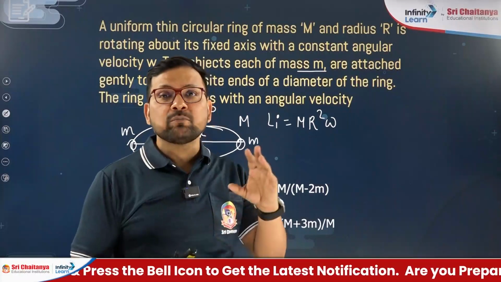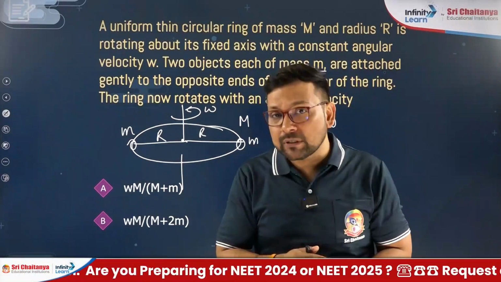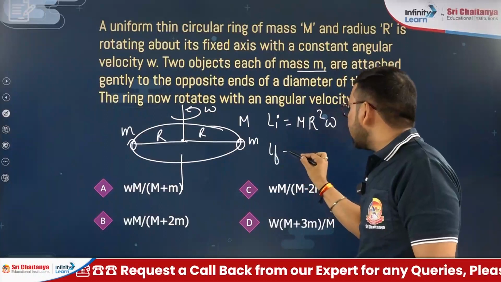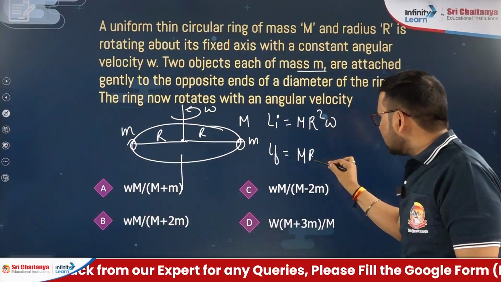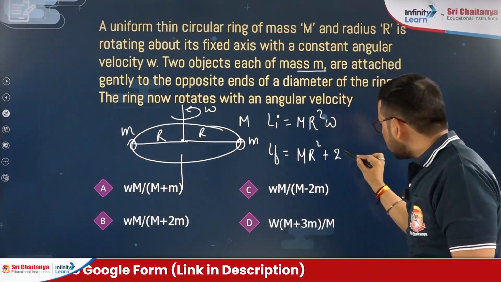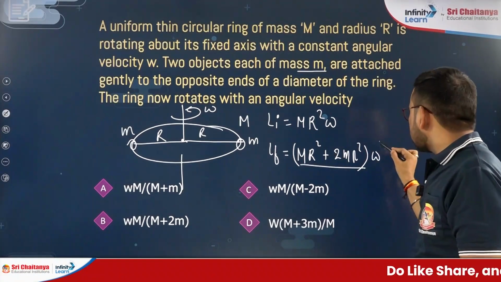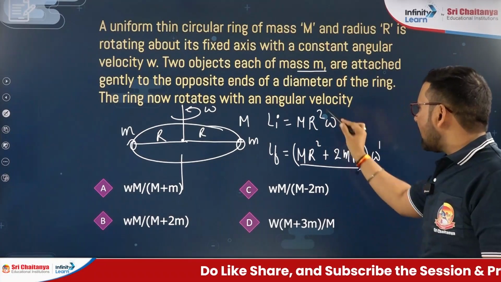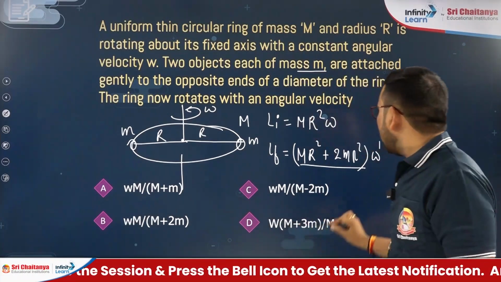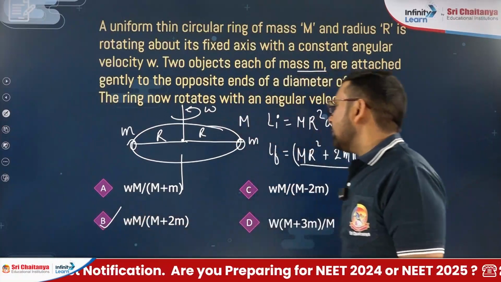We have changed the moment of inertia without any external torque, without any external impulse, because we are gently putting them. So the final angular momentum is mr square, the inertia that was already there, plus the small masses, 2 mr square, and since the moment of inertia changed, omega will also change. We will equate these two, r square will cancel, m omega should be in the numerator, and the denominator will be m plus 2m. m omega over m plus 2m will be your answer.